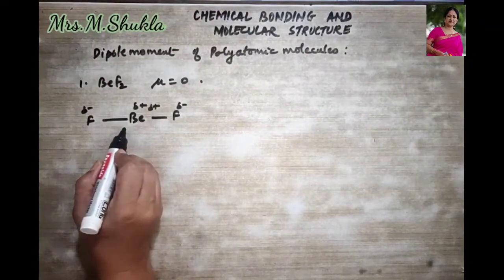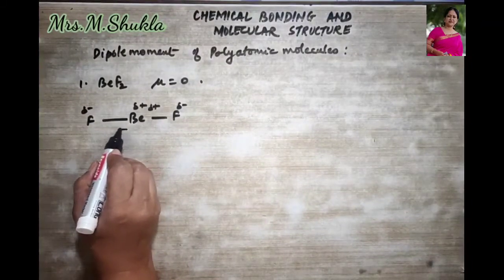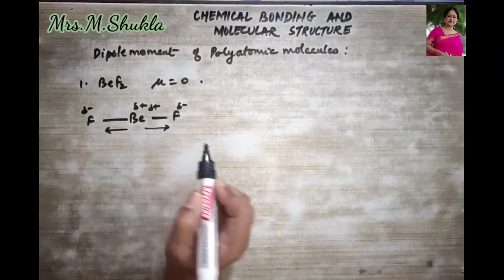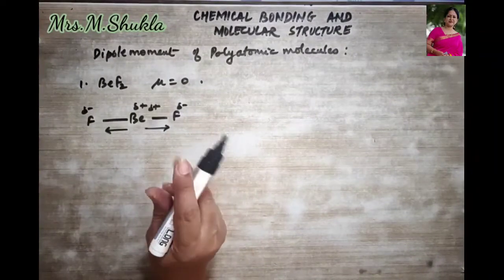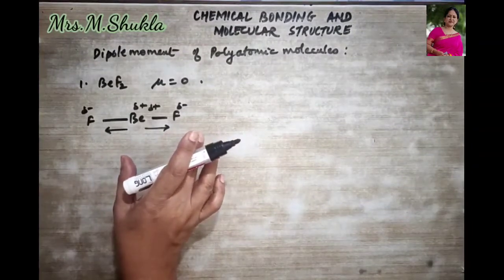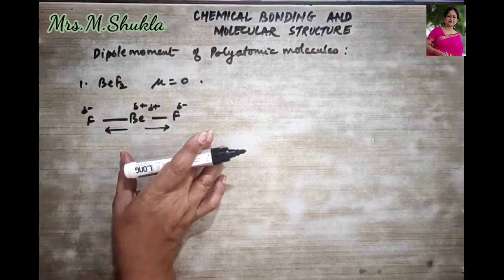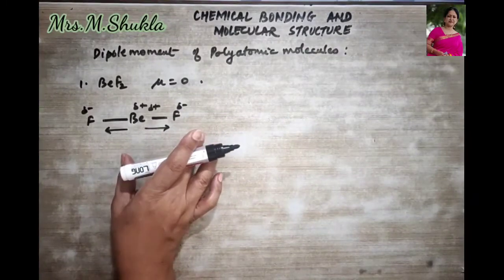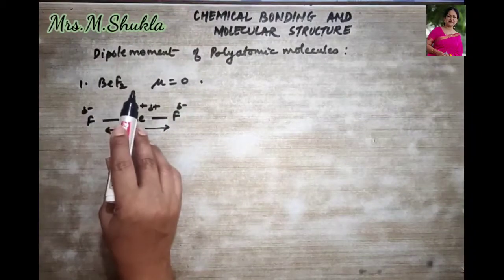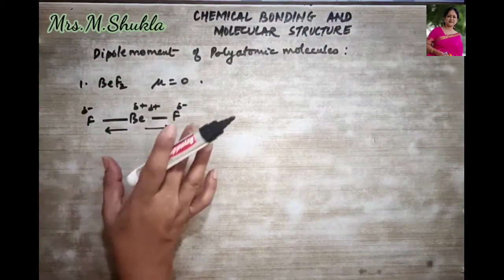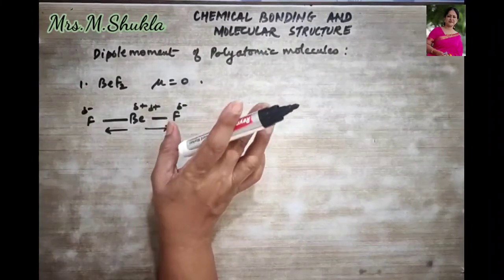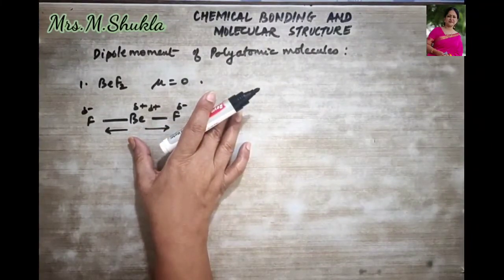So the direction, what we are going to show, it will move towards the more electronegative atom, right? Thus, what do we see over here? Since the two equal dipoles point in opposite directions, they cancel each other, and thus the molecule of beryllium fluoride has no net dipole moment, or we say the dipole moment is 0. I hope this is clear to you.